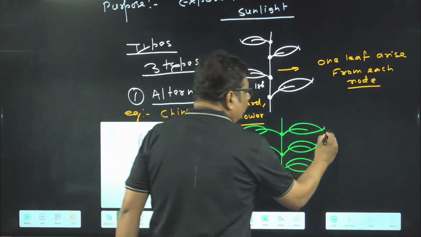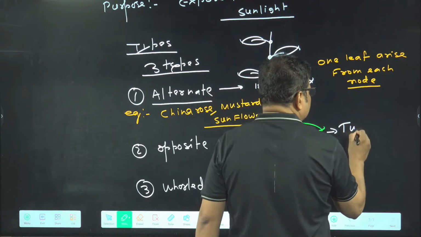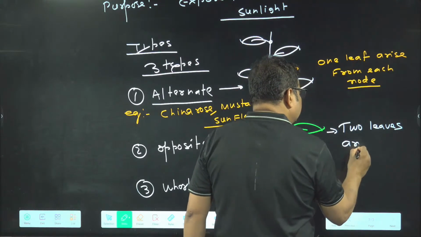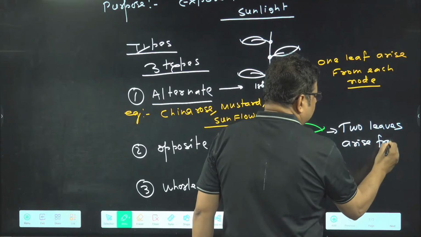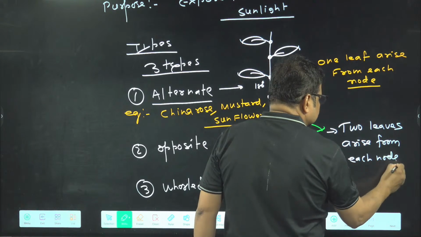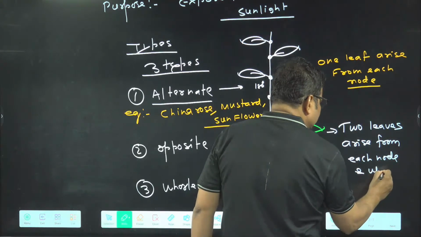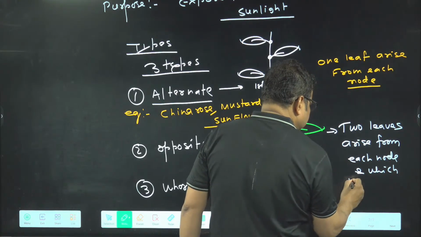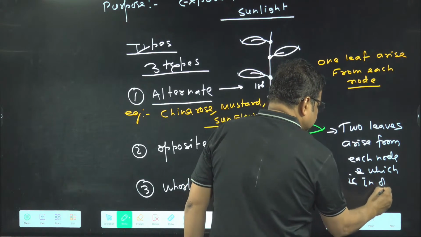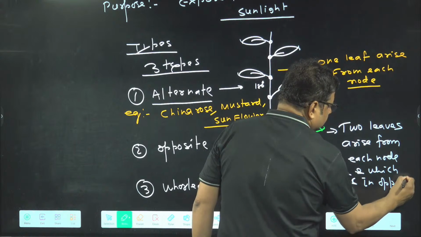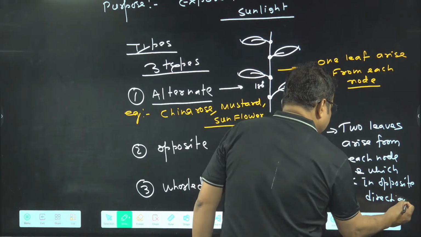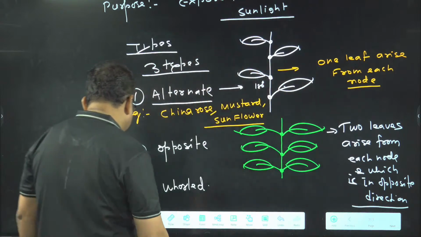So two leaves arise from each node, and they are in opposite directions. Such a kind of phyllotaxy is called opposite phyllotaxy.